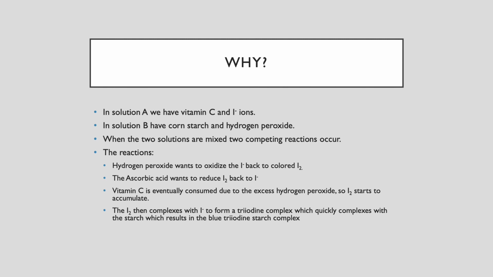So I2 starts to accumulate. And the I2 then complexes with the I negative to form the triiodide complex, which quickly complexes with the starch, and that results in the blue triiodide starch complex and the color change in the water.